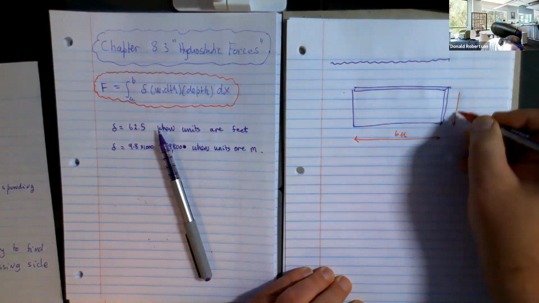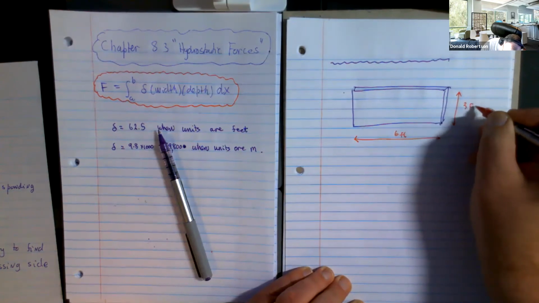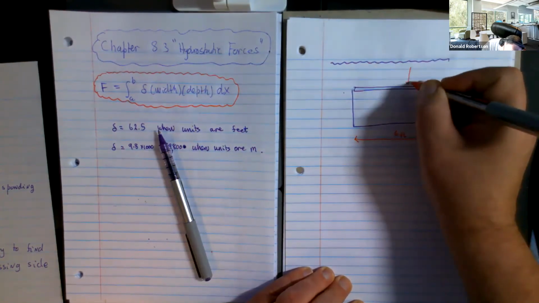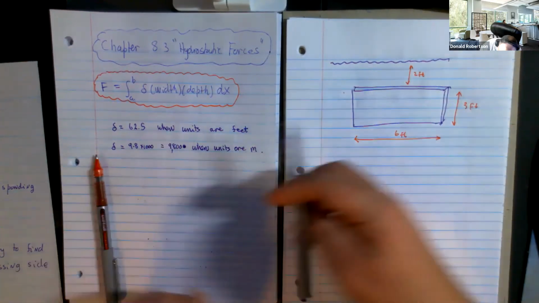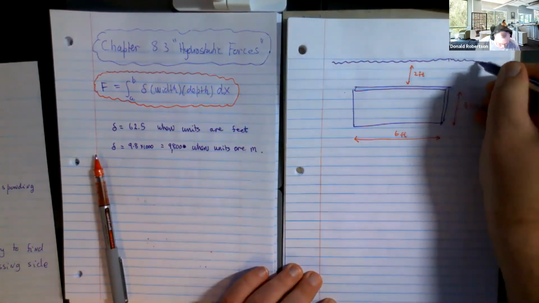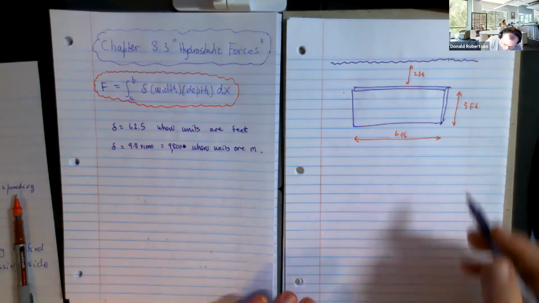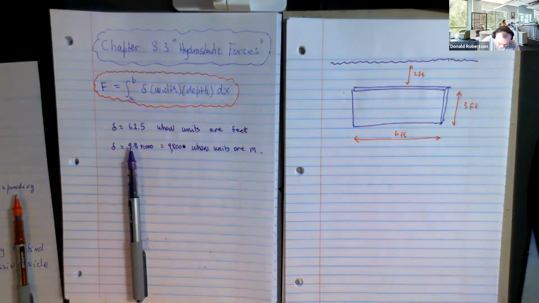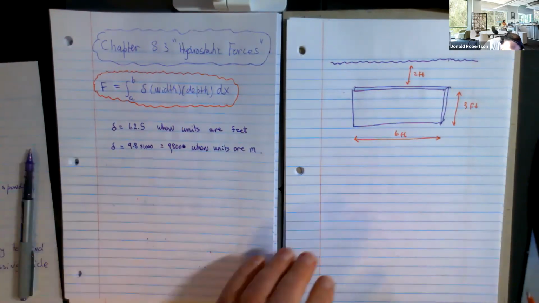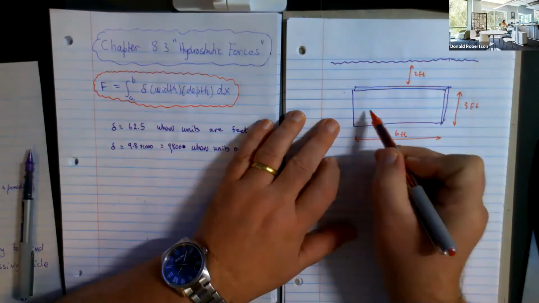And from there to there, it's 3 feet. And that it's 2 feet underwater. We're being asked to find the total hydrostatic force on that plate, right? The entire plate. So you really need a picture for these questions. I can't see how you can do it without a picture. Even a simple one like this is worth it.